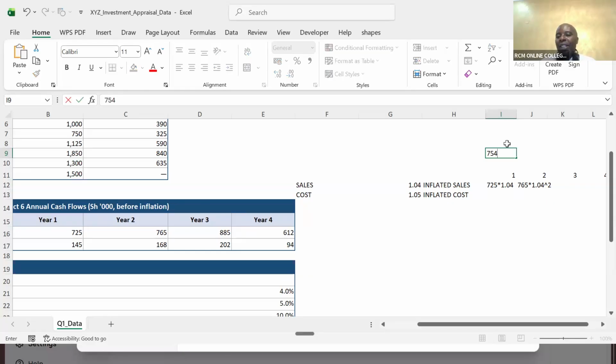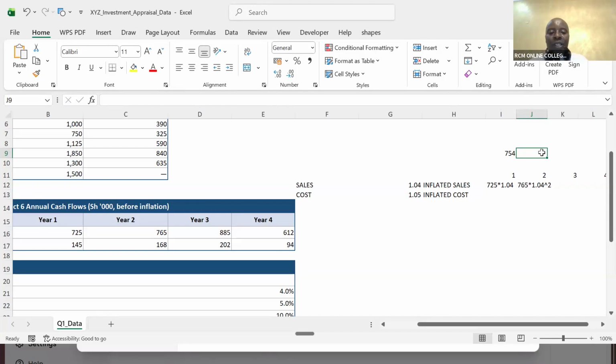How about the second one? 765 times 1.04 raised to power 2. Candy is giving me 827. 827, just for the record.